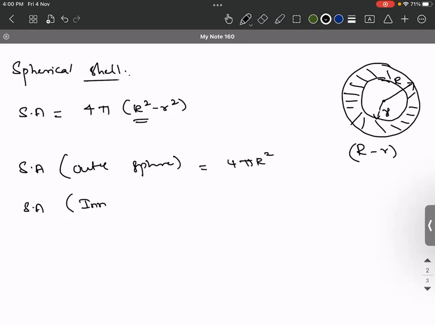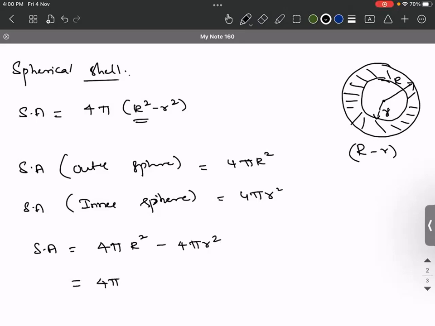The surface area of the inner sphere is 4 pi small r square. So the surface area of the shape is 4 pi capital R square minus 4 pi small r square, so 4 pi into capital R square minus small r square. Right. Yes, sir.